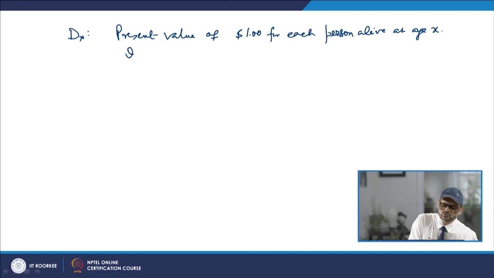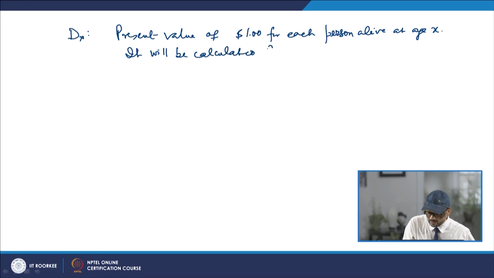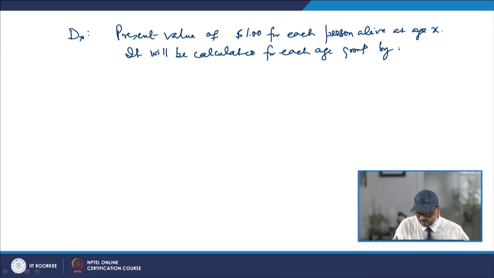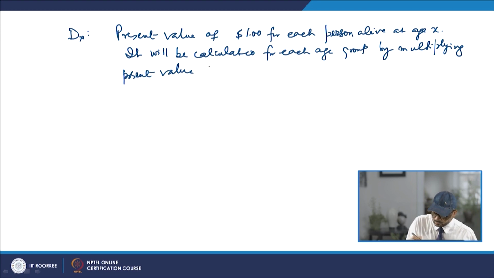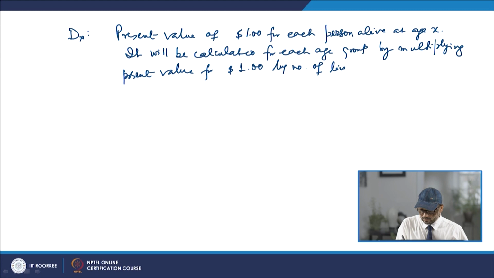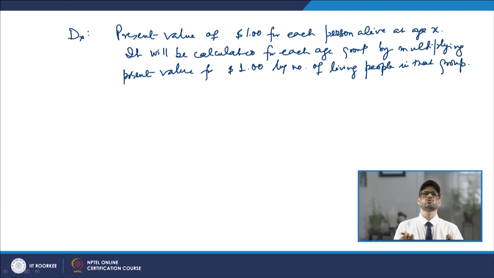So, Dx is the present value of $1 for each person alive at age x, and it will be calculated for each age group by multiplying the present value of $1 by the number of living people in that group, that is Lx.